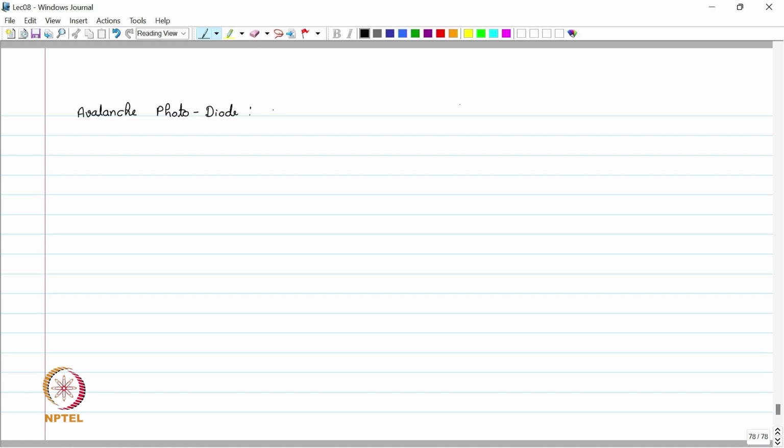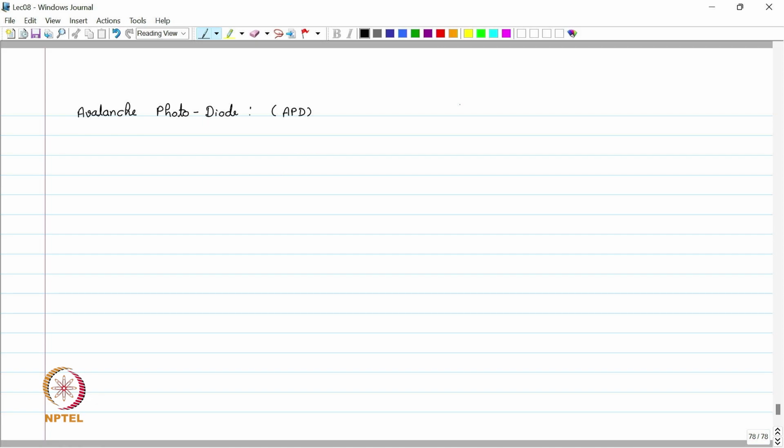So this is the avalanche photodiode, or APD in short, and the structure and electric field profile of this APD is something like this.